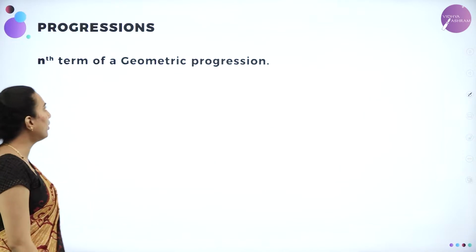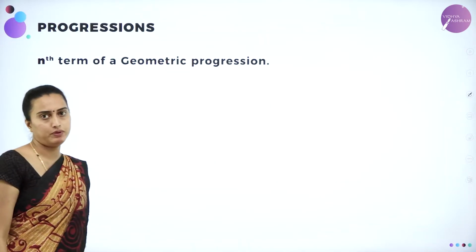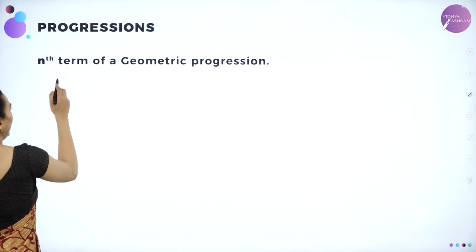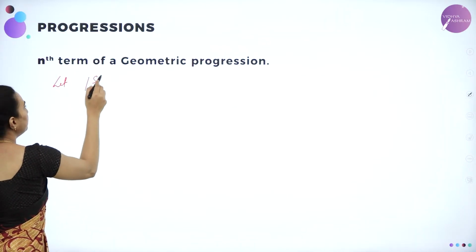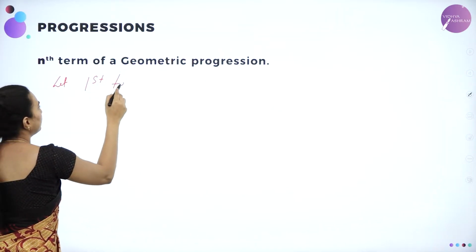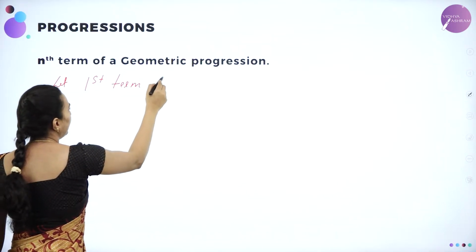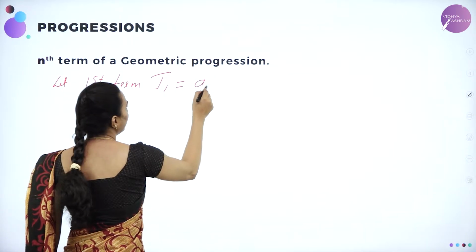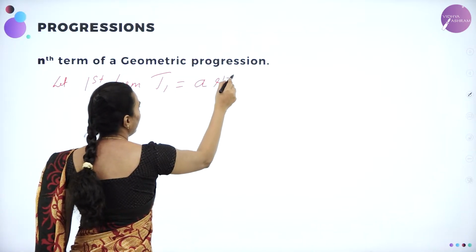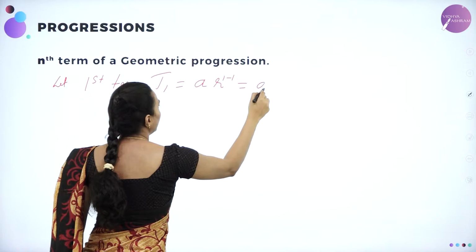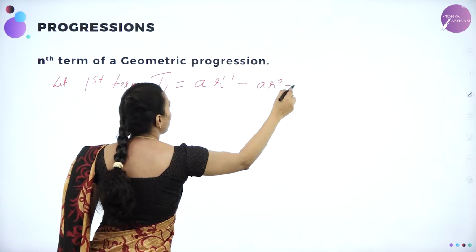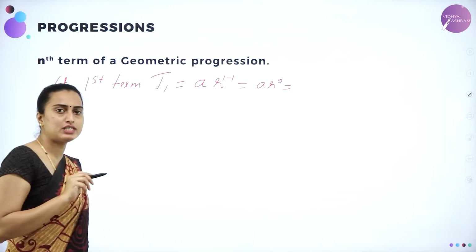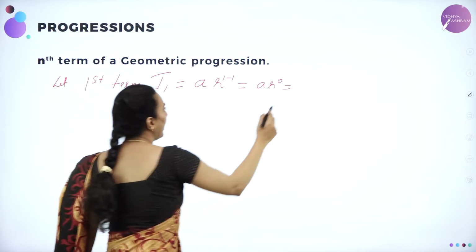Now, we'll move on to the nth term of a GP. Here I am taking the first term denoted by T1, which will be equal to a into r to the power of 1 minus 1, which is nothing but a r to the power of 0, and r to the power of 0 is 1, a into 1 is a only.